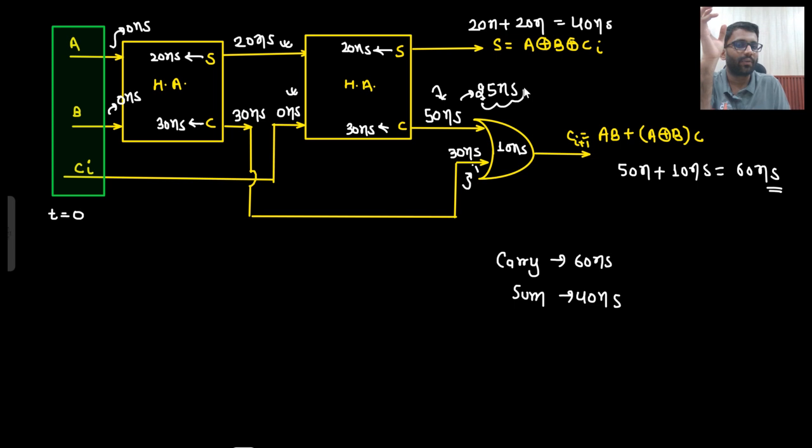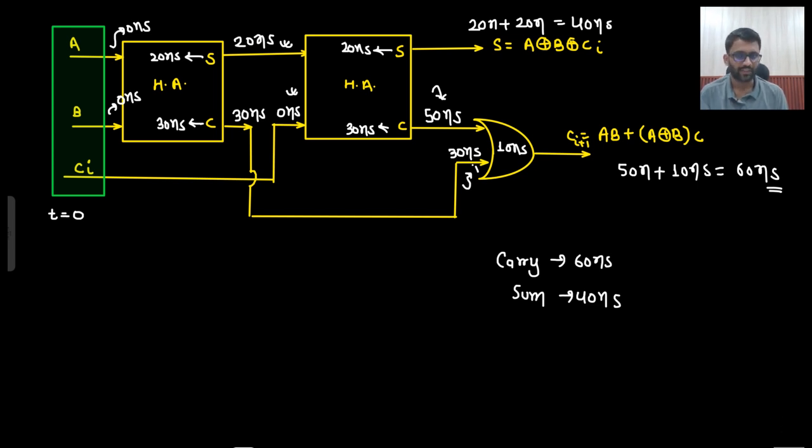By any chance if you had got 25 nanosecond here, this guy would be waiting for this guy, because one guy alone cannot go, since your output is depending on both of the inputs. So stable output it will give only after both are stable. So in this question it was stable at 50 nanosecond. So it gave the output 50 nanosecond plus 10 nanosecond, that means after 60 nanosecond. So carry is received after 60 nanosecond and sum is received after 40 nanosecond. I hope this is clear.